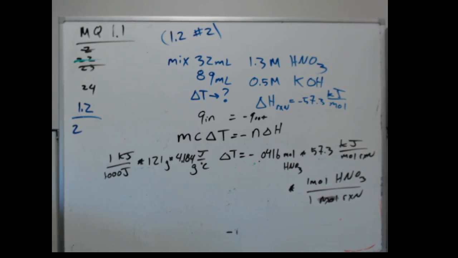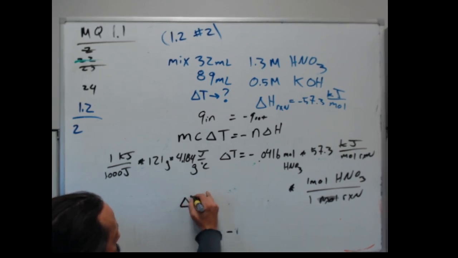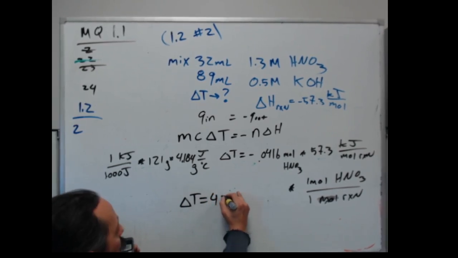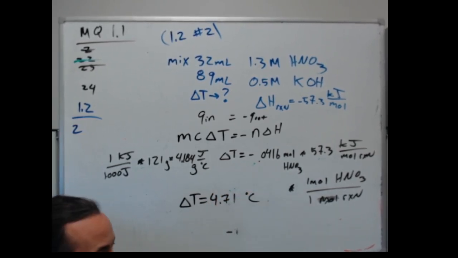We do 0.0416 times 57.3 divided by 121 divided by 4.184 times 1,000. I calculate delta T equals 4.71 degrees Celsius.